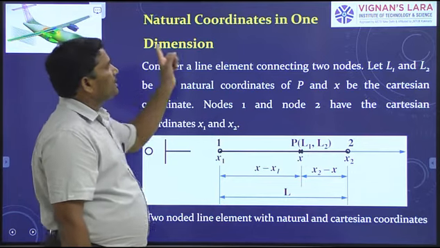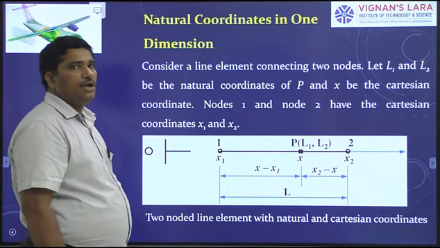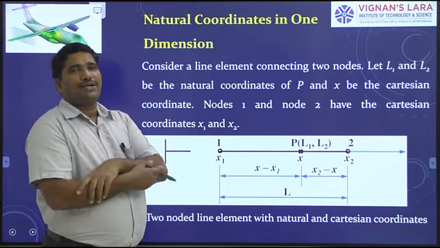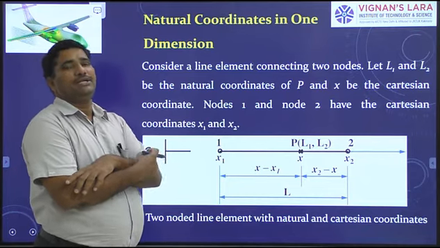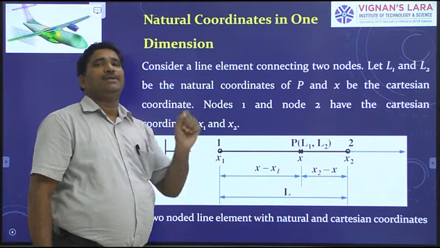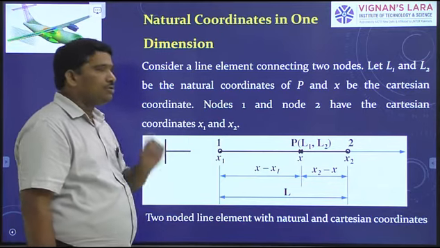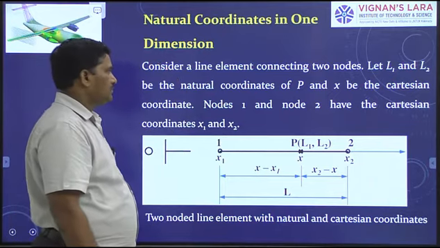Now we shall see the natural coordinates in one dimension. I said natural coordinates represent dimensionless numbers. They never exceed unity. They are used to specify a point within the element. They are used to prepare element properties.